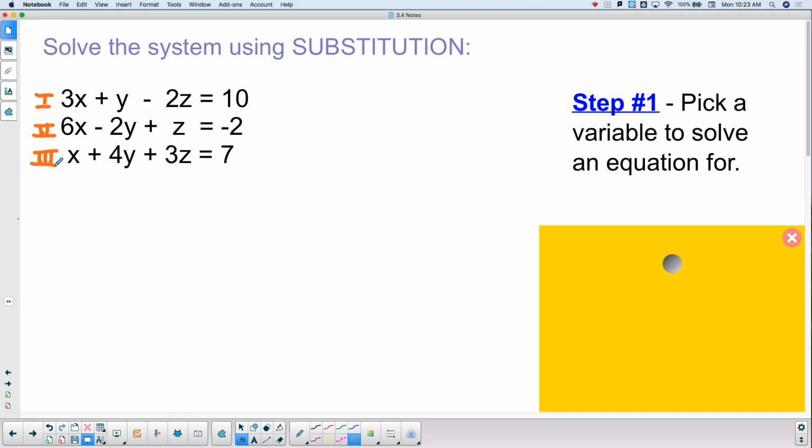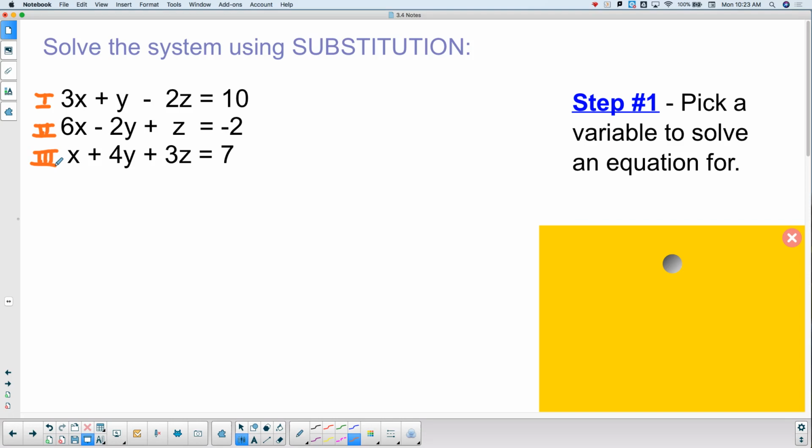Y. Equation number 2, we could solve for Z. Equation number 3, we could solve for X. Okay? So, pick one, X, Y, or Z, and then that one will determine which one we solve for. Doesn't matter, I need a letter. X, Y, or Z. Y?